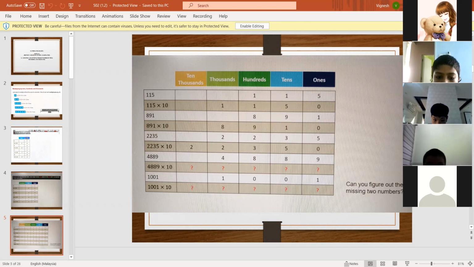When we multiply 10 with the 1,001, what do you need to move? Move the numbers to your left.